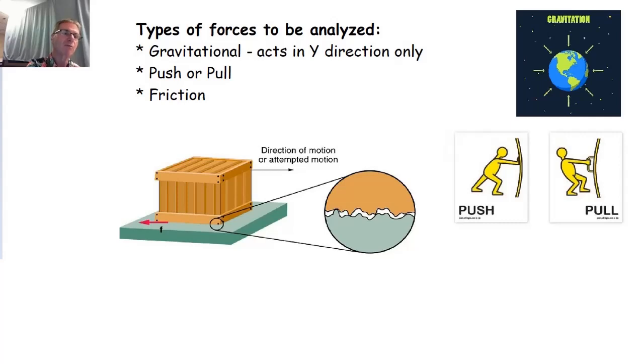The second type of force is called an electrostatic force, and the electrostatic force is basically the forces that interact between molecules and atoms that hold things together. You probably learned about that in chemistry if you've taken chemistry.